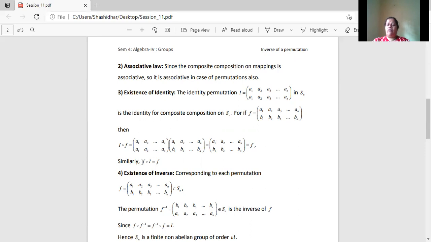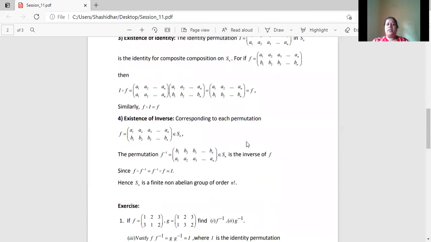Similarly, you can verify F composition I is also equal to F. Hence, we are getting here I into F is equal to F, or F into I is equal to F. That means this I becomes the identity permutation on Sn. Therefore, we can say there is an existence of identity permutation on the set Sn. That is what the third axiom also satisfies here.